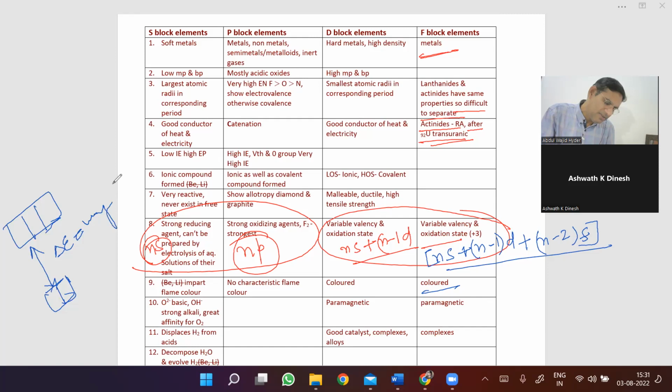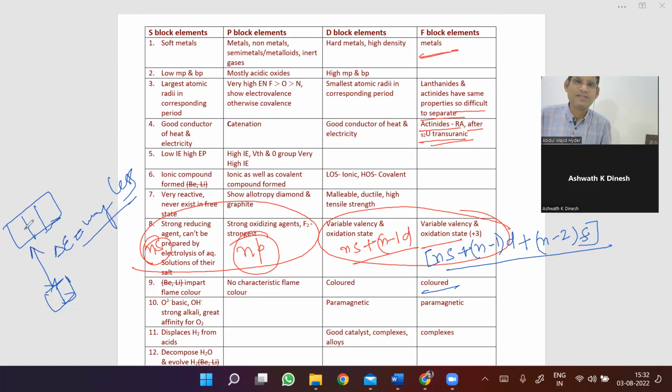So an electron from a lower energy level can jump to a higher energy level very easily by absorbing light from the visible region. Since electrons can jump very easily by absorbing light from the visible region, that is why they appear colored.